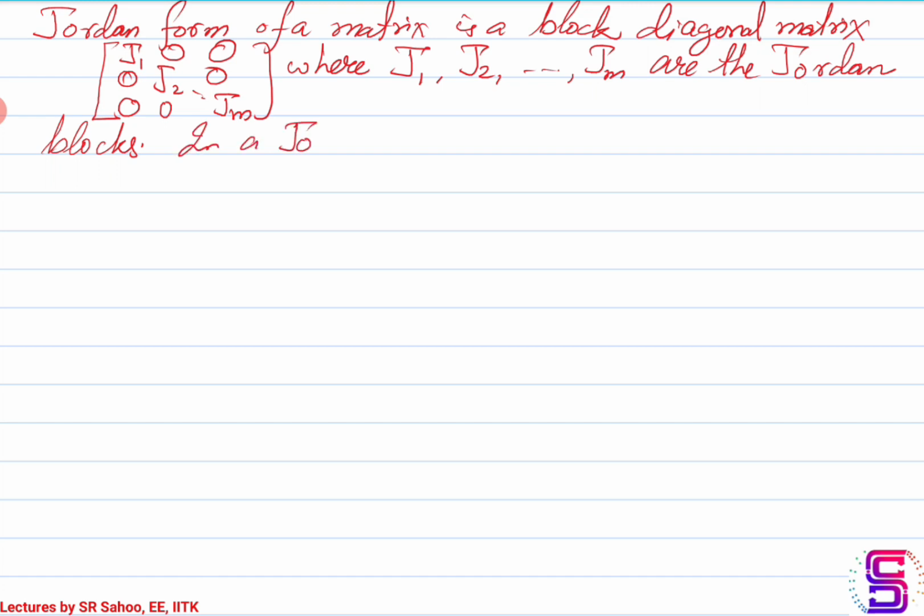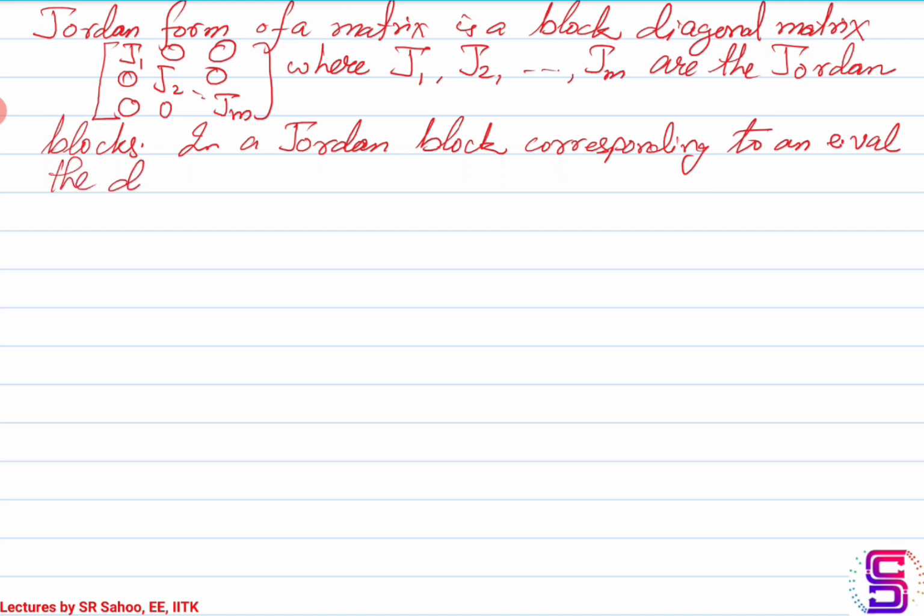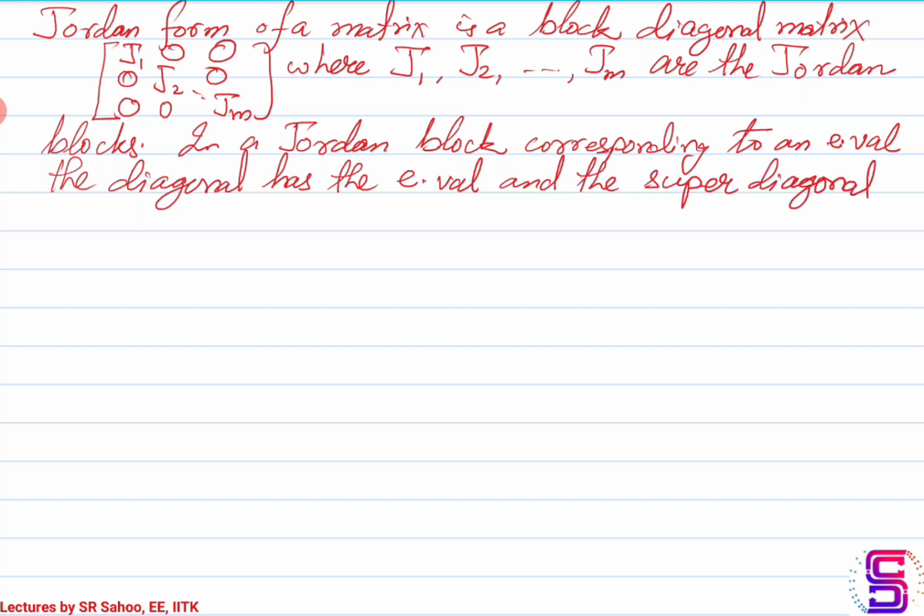In a Jordan block corresponding to an eigenvalue, the main diagonal has the eigenvalue as its entries, and the super diagonal, the diagonal just above the main diagonal, is all ones.